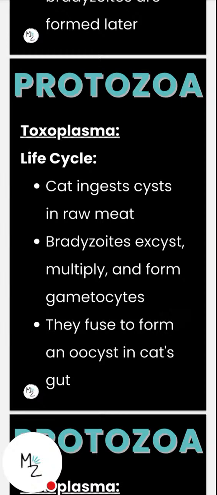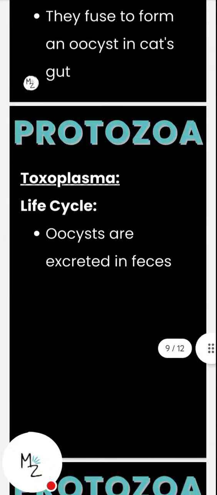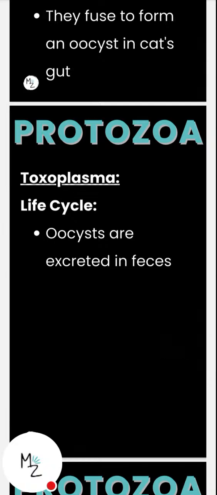These gametocytes fuse together and they form oocysts in the cat gut. Now this is the stage when the human cycle ends and the cat cycle begins. And these oocysts are excreted in cat feces. And then humans ingest the food that is contaminated with cat feces and get those cysts again. And then this infection is caused in humans again. And the infection is called toxoplasmosis.